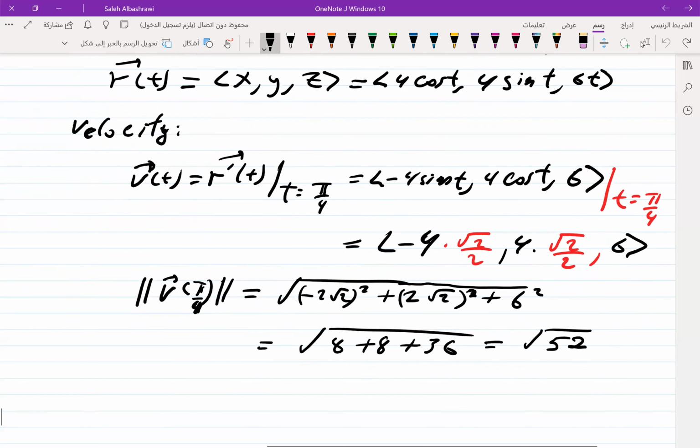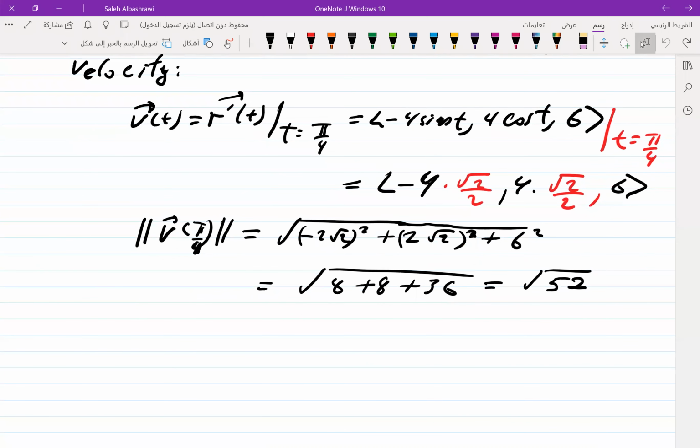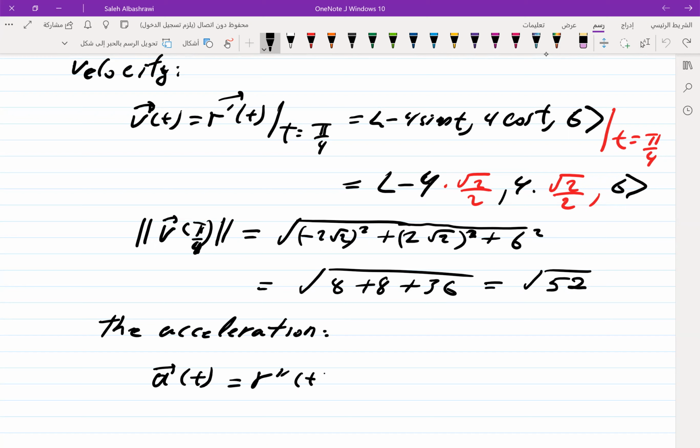Now for the acceleration, it is equal to the second derivative.